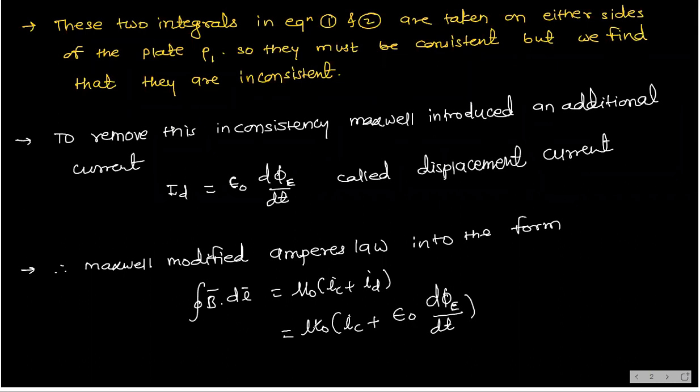Okay, where IC, you know, IC is what? Conduction current. And this equation, B bar dot dl bar, this one is nothing but what? Ampere Maxwell law. This equation I'm going to write on the next page.